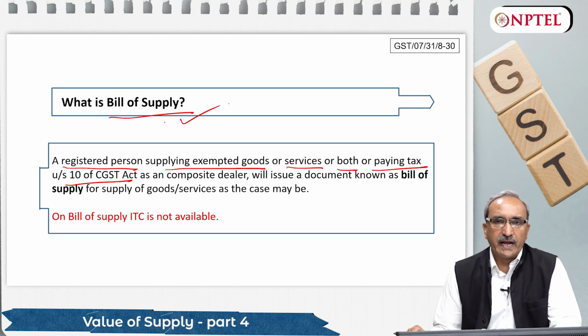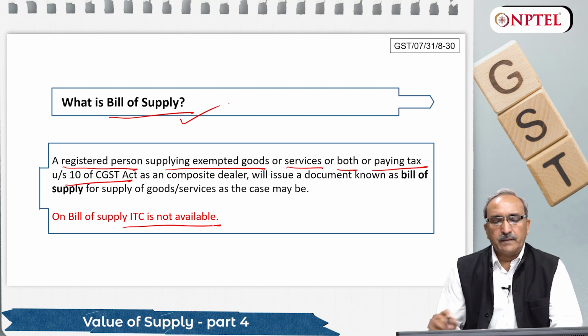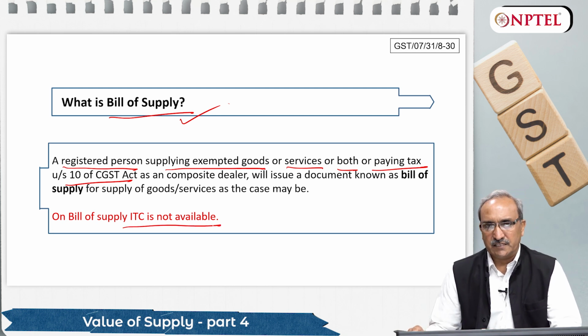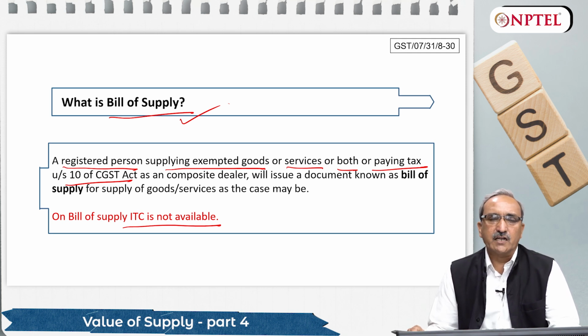And when a bill of supply is issued, the buyer cannot avail ITC, because on a bill of supply no GST is paid, and once GST is not paid, you cannot take ITC also. So customers purchasing goods from a supplier who is not a regular taxable person under GST cannot avail ITC on the document issued by the supplier in the form of a bill of supply.